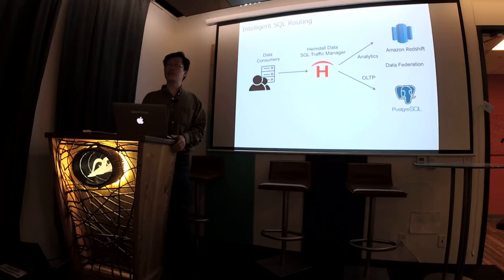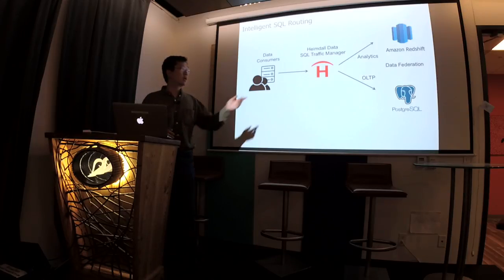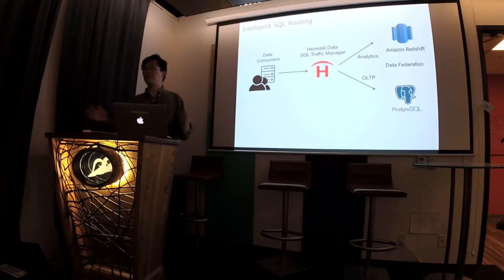It's going to see what type of traffic it is, and if it is OLAP traffic, it's going to route it to your data warehouse. But if it's OLTP transactional traffic, it's going to route it to a garden variety, for example, Postgres transactional database. That's a big deal, okay?